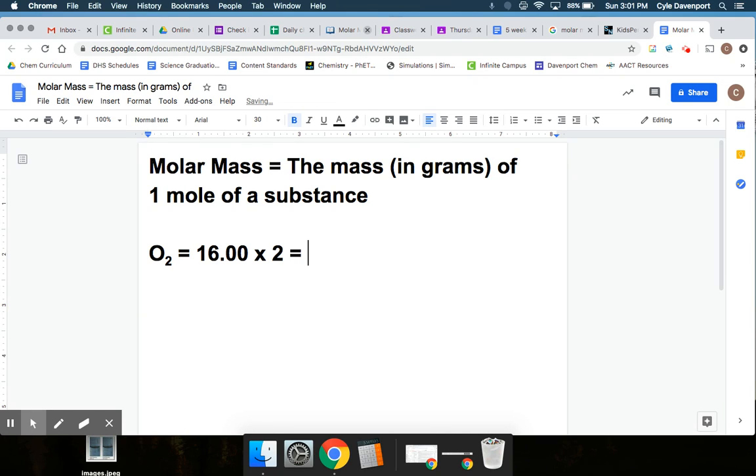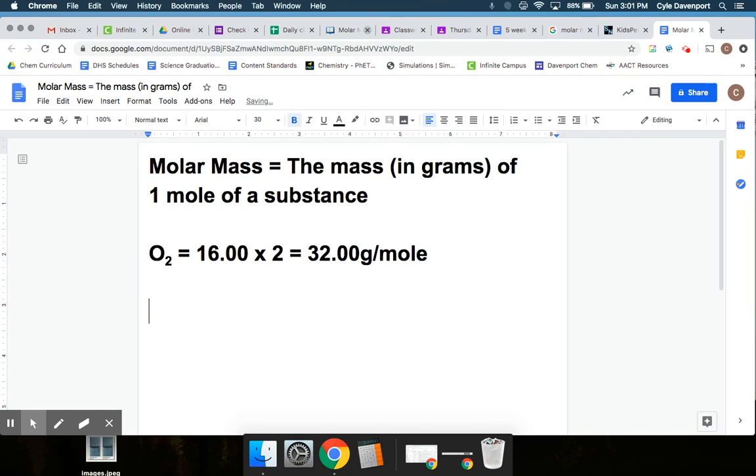We're going to multiply that times 2. 16 times 2 is 32 grams per mole, which is written like that, g/mol. So if I have 32.00 grams of oxygen gas, then I have 1 mole of oxygen gas.